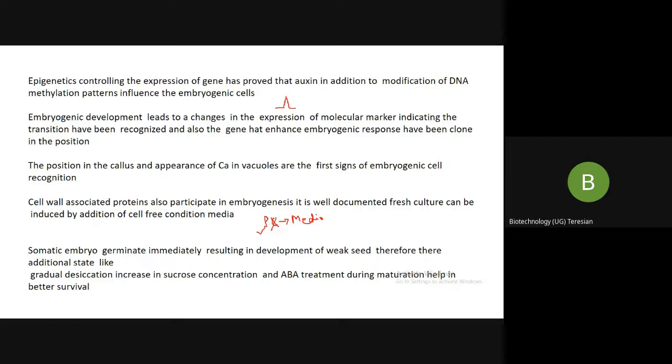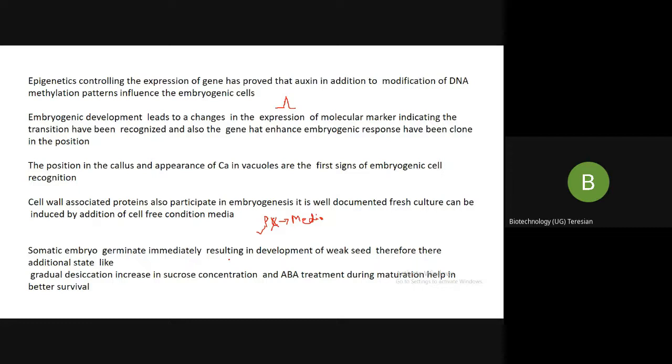Somatic embryos germinate immediately, resulting in the development of weak seed. Therefore, there is an additional step you have to take care of, because what happens is the somatic embryos immediately germinate, resulting in the formation of a weak seed. If the seed is weak, can we use it?